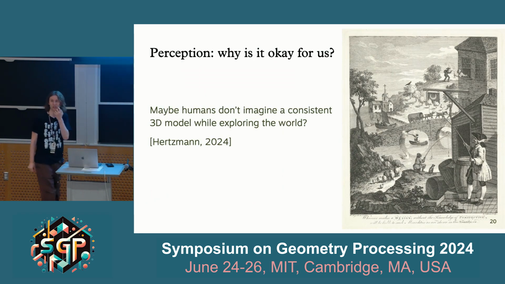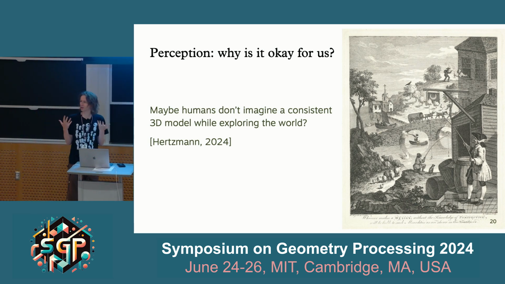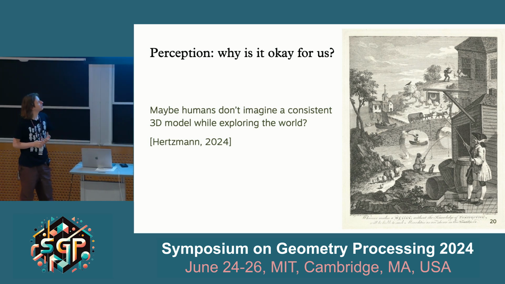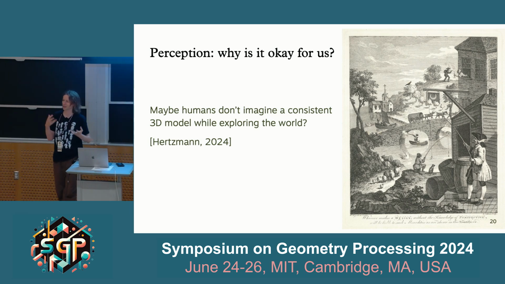Kind of a fun question is, why is it okay for us as humans? It's somehow strange that we interpret line drawings pretty well, even though they're weird, they're distorted. Yeah? And there's a theory, this is some medieval painting kind of illustrating that if you look locally, all components make sense. If you look globally, this cannot exist, in Escher style.